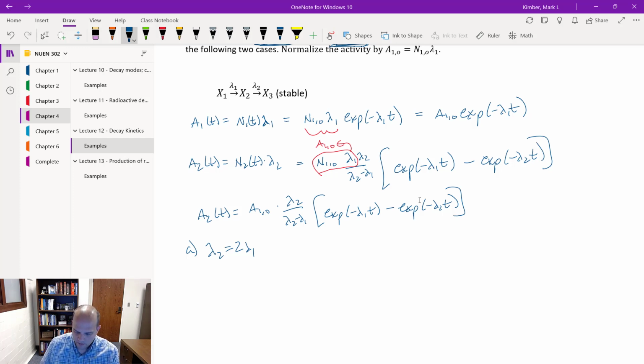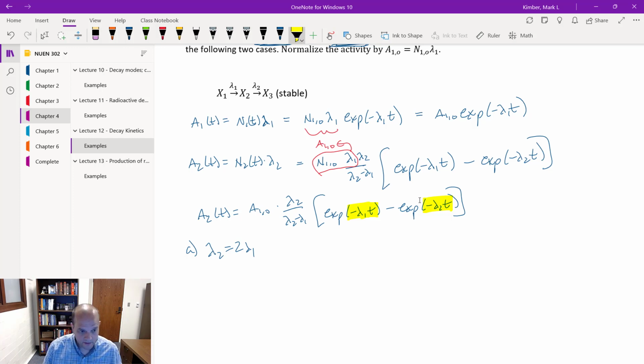That's because if we look at these terms here, I've got an exponential decay here and an exponential decay here. As time increases away from the initial time t equals 0 value, both of these are decaying, but if one is larger than the other, it's going to decay a lot faster. And so that term is going to essentially drop out once you get past a certain time.